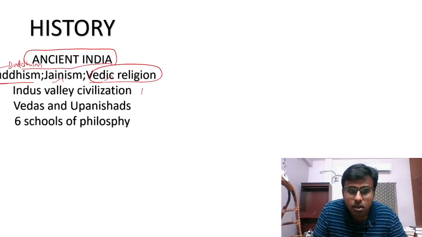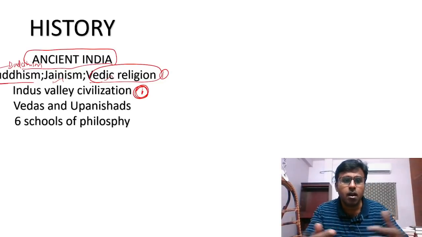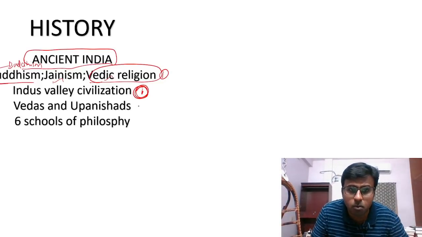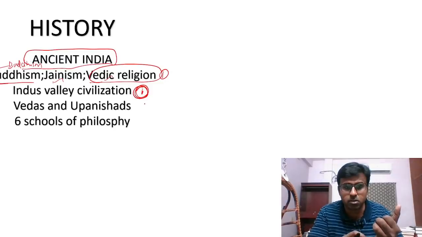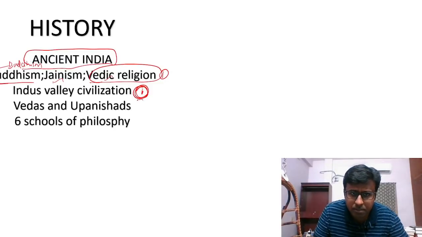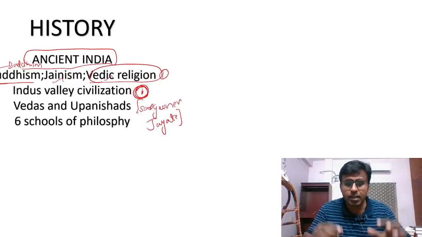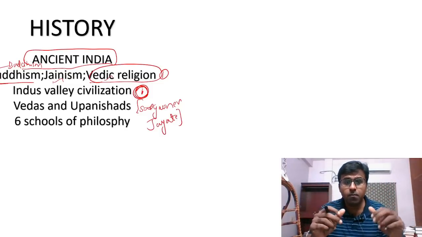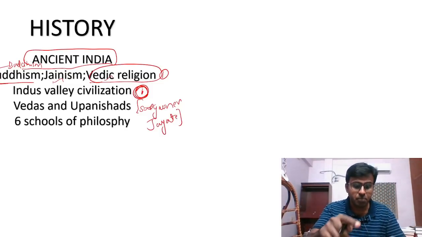Another thing, Indus Valley civilization. One question here, one question here, and how many Vedas are there? For example, Chandogya Upanishad, or Satyameva Jayate, the Indian slogan, in which Upanishad is it there?